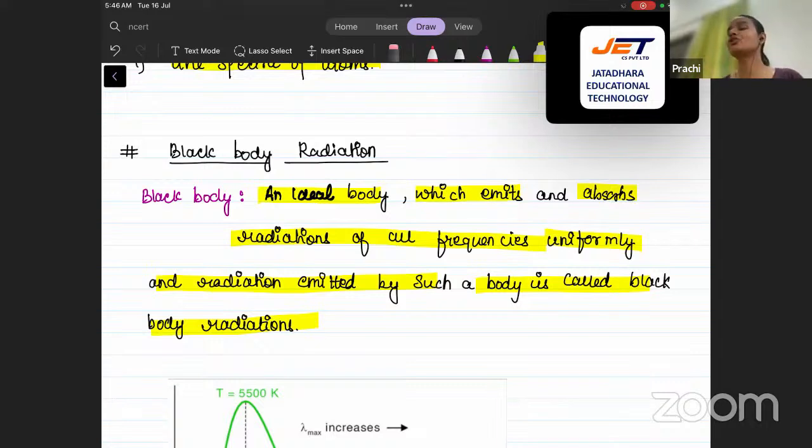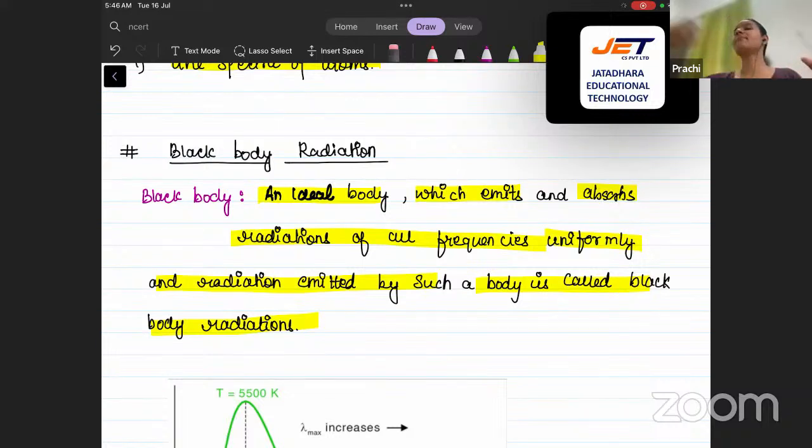If this is clear to you, then we will see what it is about the black body that the scientists were not able to explain. But the first thing that you must understand is what a black body is. A black body is anything which will absorb all the radiations that come to it. That's why the name is given black, because something which absorbs everything will appear as black, right?